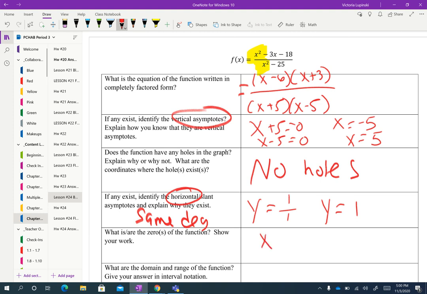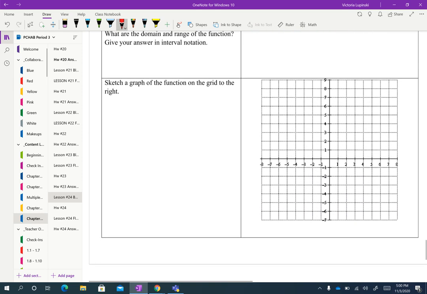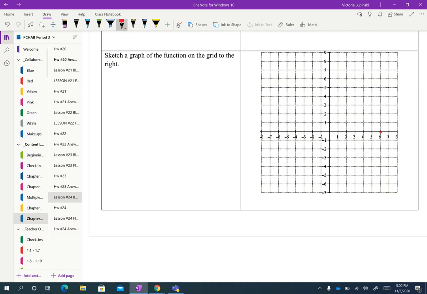The zeros come from setting the non-canceling factors of the numerator equal to 0, which are 6 and -3. If we go ahead and put all of that on the graph, so there's a 0 at 6, there's a 0 at -3. Here's my horizontal asymptote at 1. And then I need -5 and +5.